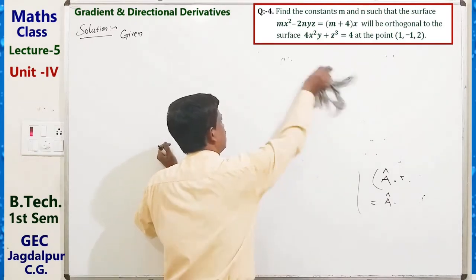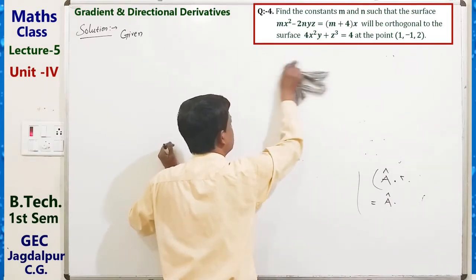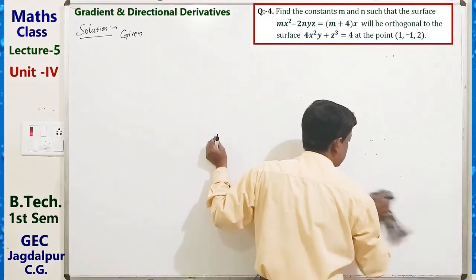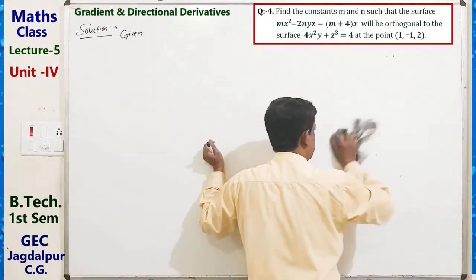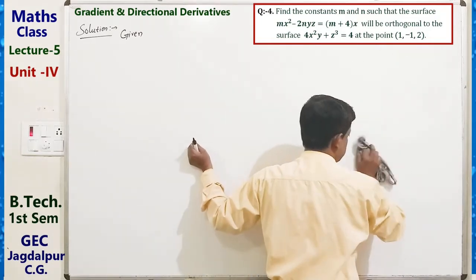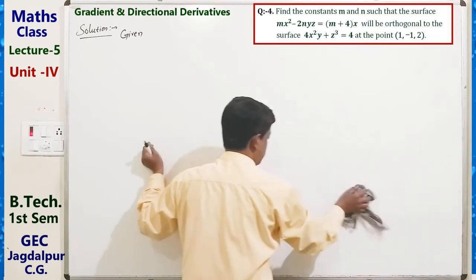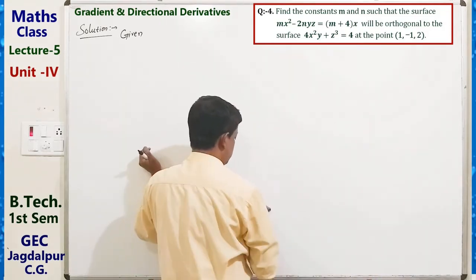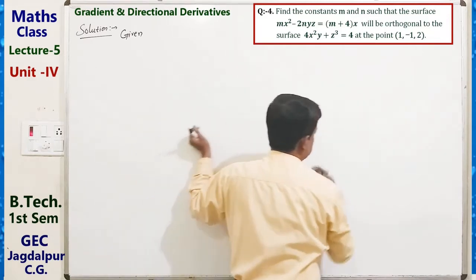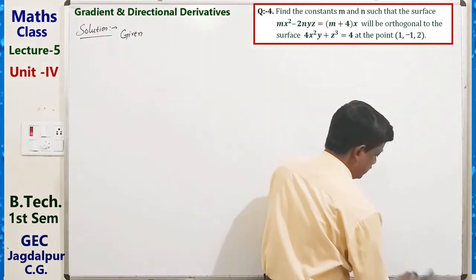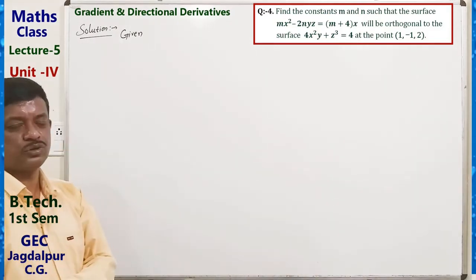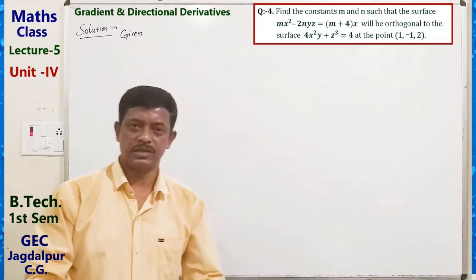As vectors, the first normal dot the second normal equals 0. So we can get an equation from there. Also the point of intersection is given, and that point will satisfy both surface equations. So we can get two equations, and we can solve them.